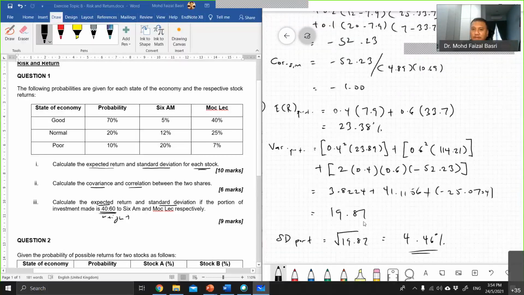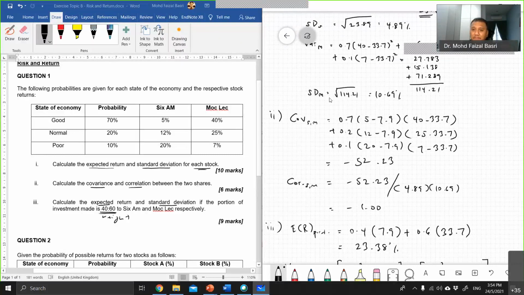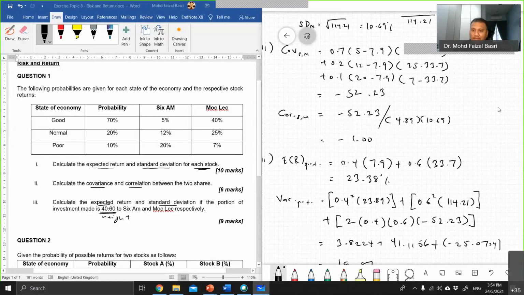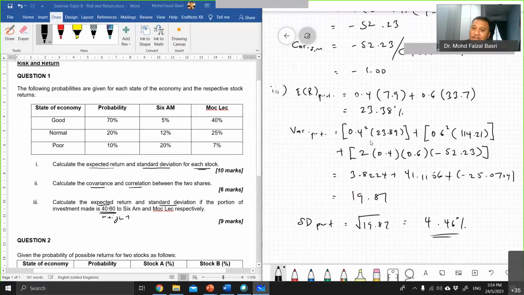If I invest everything in stock M, I have 10.69% risk. By doing this portfolio, I split my money into 2 shares and managed to reduce my investment risk to just 4.46%. So that's what this portfolio tells us: it gave us a reduction of risk with a respectable amount of returns.